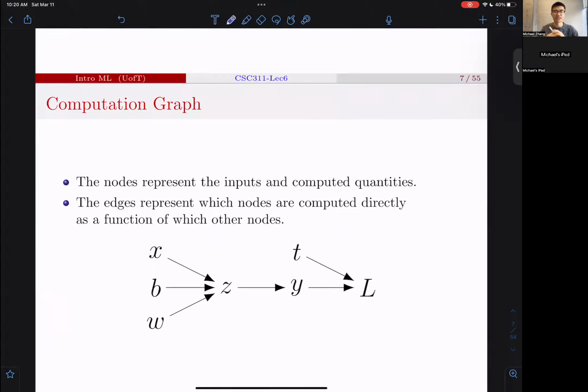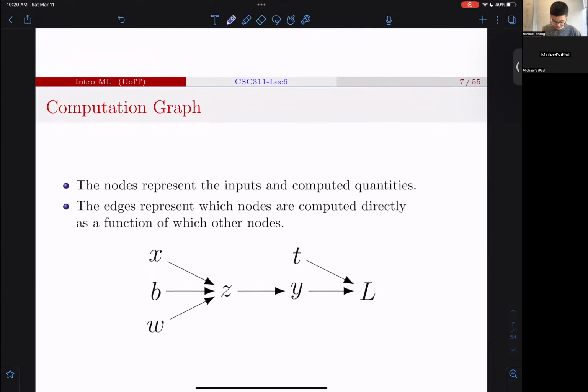And the thing to note here is what we'll be using throughout this lecture is this idea of a computational graph, where the nodes denote the variables that we're trying to compute, and then the edges represent the connections between the different variables, so functions that are applied going from one variable to the next.